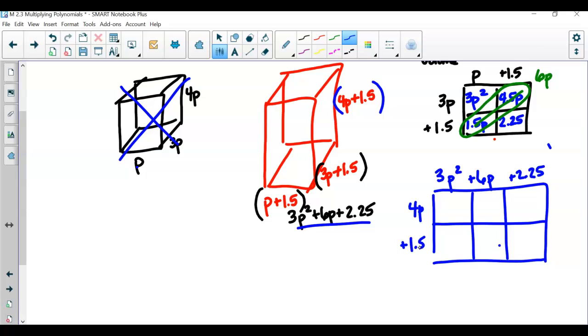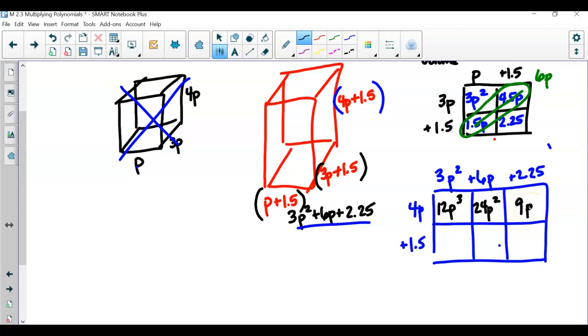So now we're going to go through and multiply just like before. So here I've got 3P squared times 4P, 12P cubed. Then 6P times 4P, 24P squared.